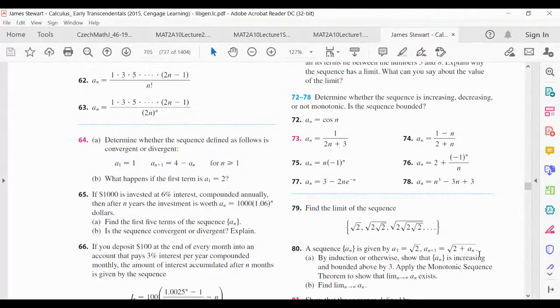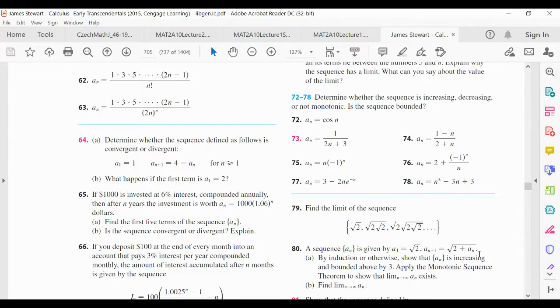So 75: a_1 will be -1, a_2 will be 2, a_3 will be -3, a_4 will be 4. Can you see the pattern now? So now I'm going to check what you guys are saying in the chat window.